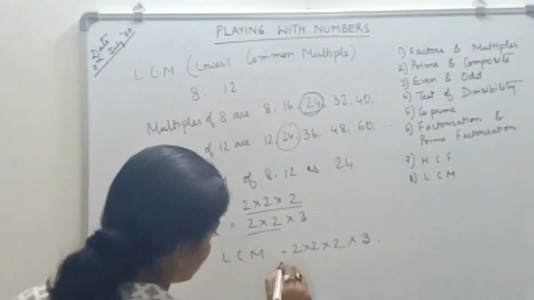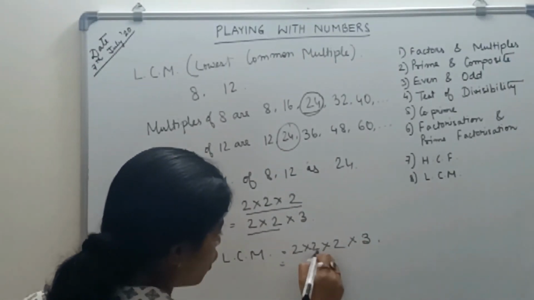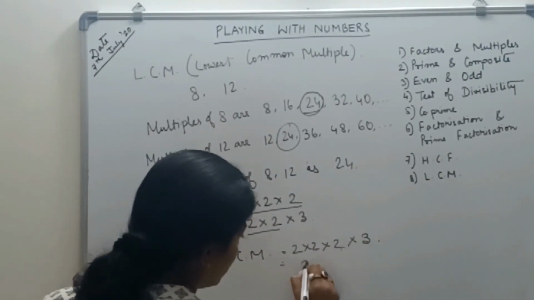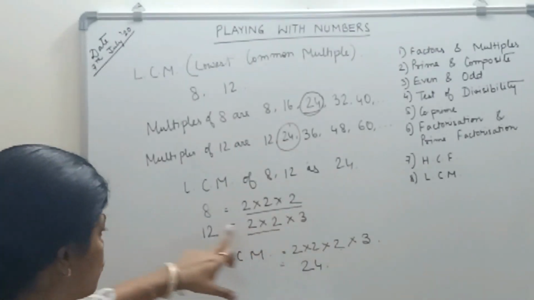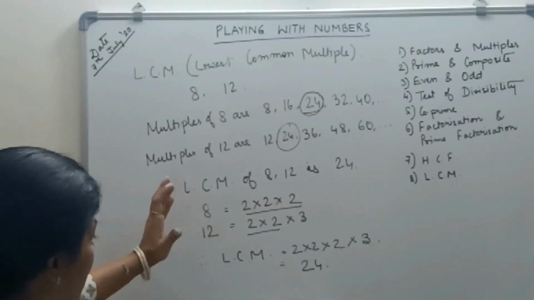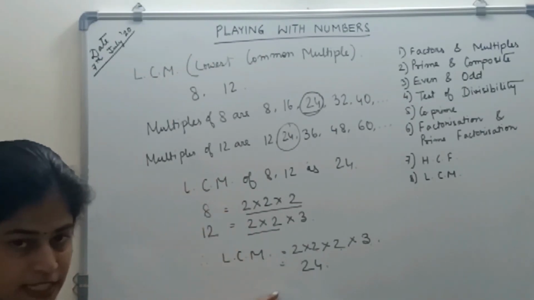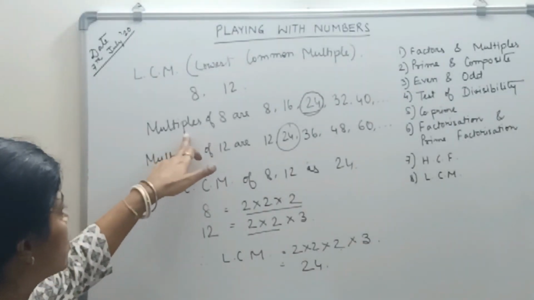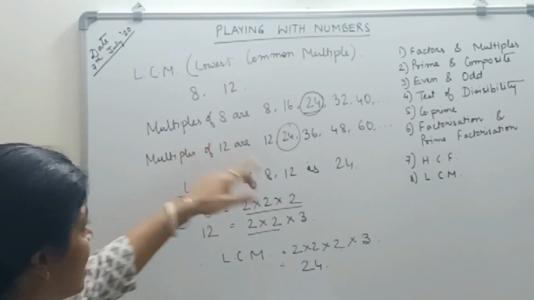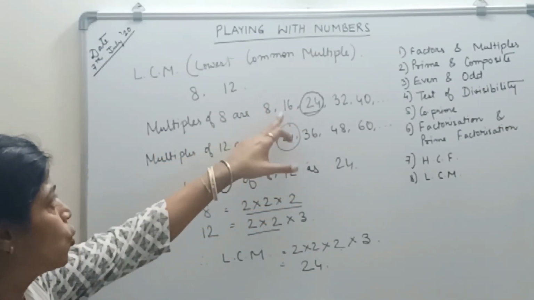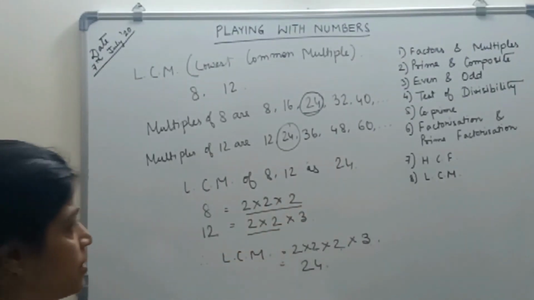So if I multiply it, what will this be? 2 into 2, 4, 4 into 2, 8, 8 into 3, 24. So this is the LCM of 8 and 12, and this way is called the prime factorization method. And the other is the common multiple method, means multiples. I have to find out the multiples first and then take out the smallest, lowest common multiple.